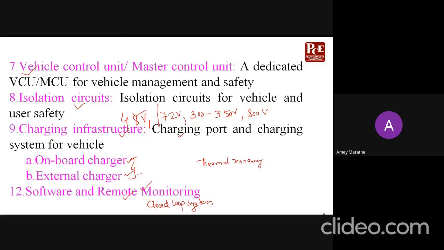If we have a thermal runaway, your isolation circuit should just snap the connection of that particular cell or your battery with the entire vehicle. So we require continuous monitoring of all these components which are there in electric vehicles.